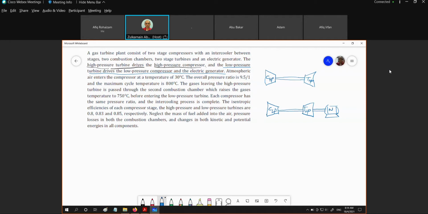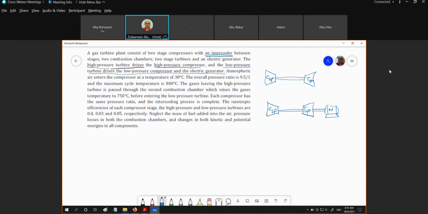And we know that the modification made to this plant is either using intercooler or using reheat. In this case, we can see that there is an intercooler. Usually the intercooler is incorporated on the compression side.